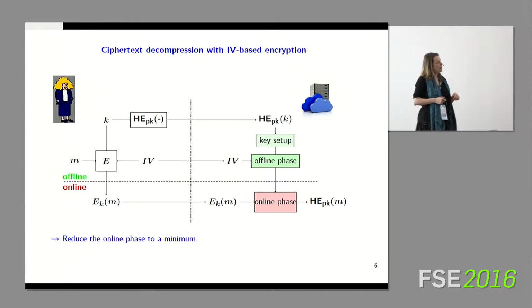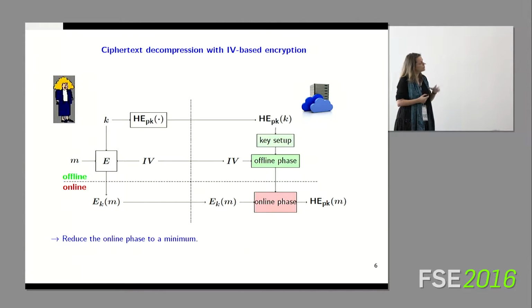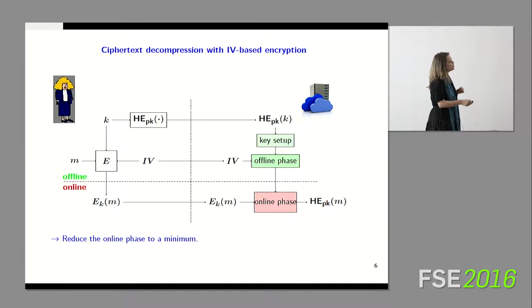So before looking at the best kind of symmetric encryption scheme in our setting, we first have to look a little bit at this decryption operation here, because it consists of several different phases which behave differently in terms of application.